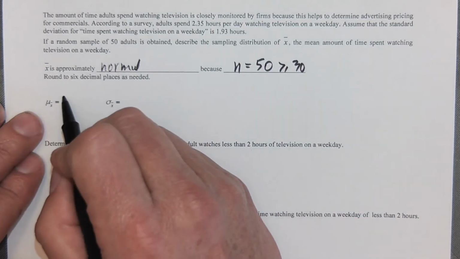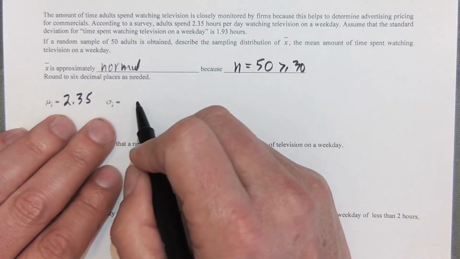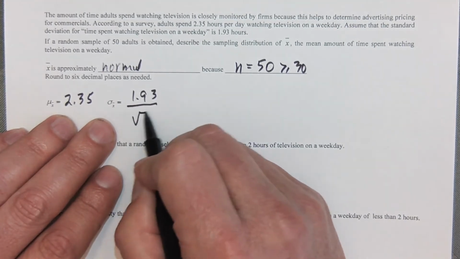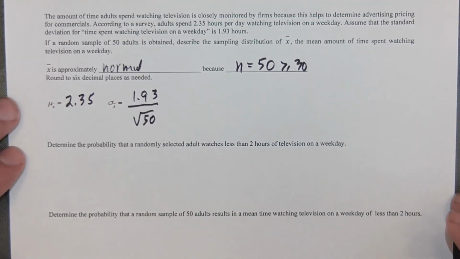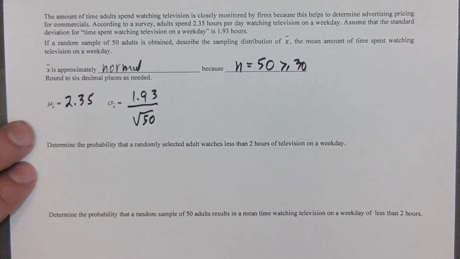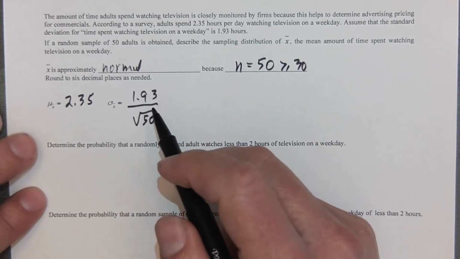And our mean stays the same. However, our standard deviation is not. We're going to take 1.93 and divide that by the square root of 50. Now, what I could do is store that number into a memory, but what I'm going to actually do is put that directly into the problem.